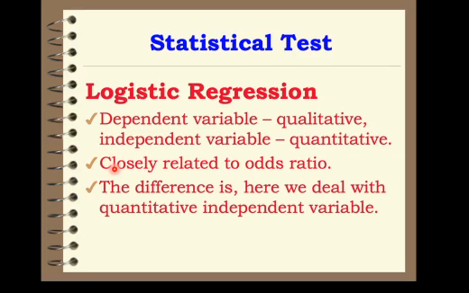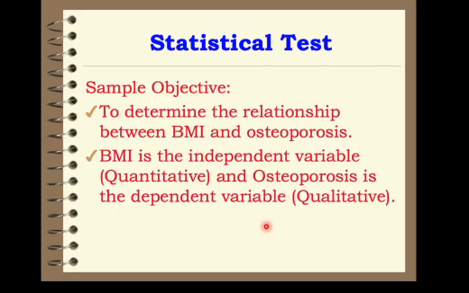Now, the last is when we have a qualitative dependent variable and a quantitative independent variable, and then logistic regression is used. And this is closely related to the odds ratio. The difference is that here we deal with quantitative independent variables. So let's give an example to determine the relationship between BMI and osteoporosis. BMI is the independent variable, and that's quantitative.